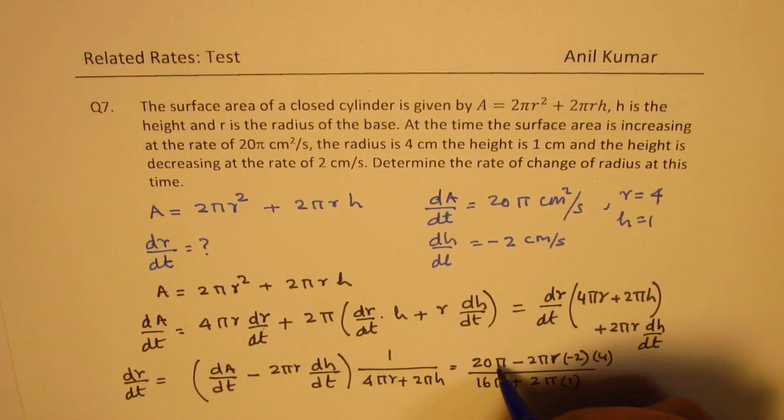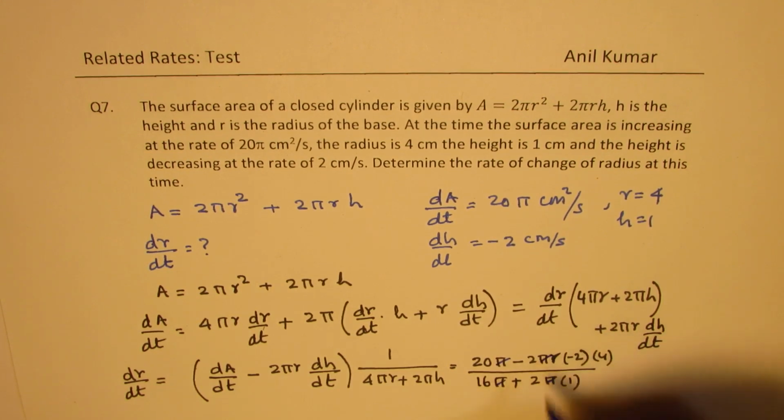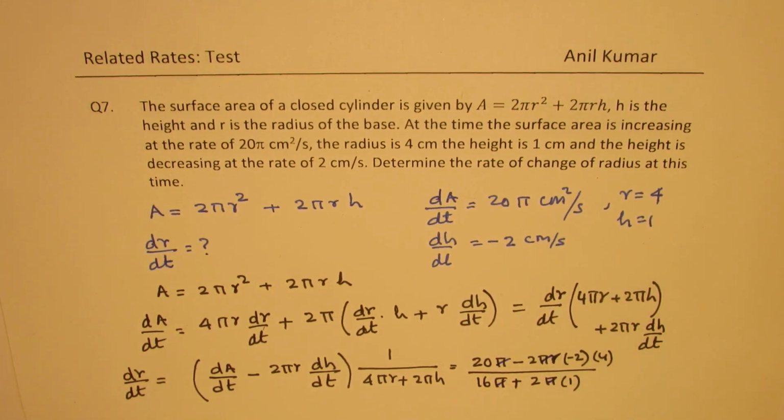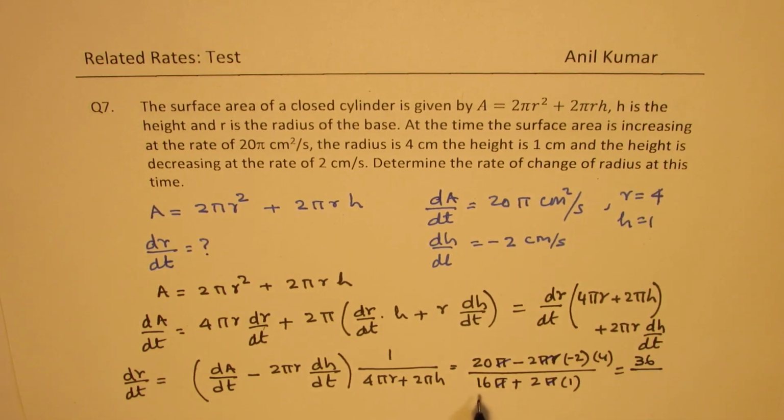Now pi is common, so let's just cancel pi from all the factors, and then simplify to get the result. So we have 20, and minus and minus becomes plus, and 4 times 4 is 16. So 20 plus 16 is 36 over 16 plus 2 is 18, and so we get 2.